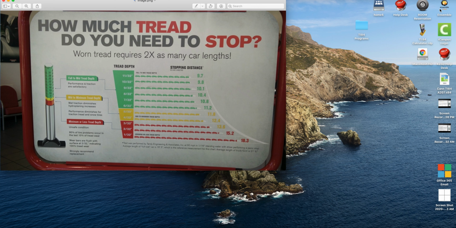Now, the minimum legal limit is somewhere in this neighborhood. For New York, it's a little bit longer than some other states. Basically the northeastern and northern regions don't allow under a certain amount of tread because of icy conditions.